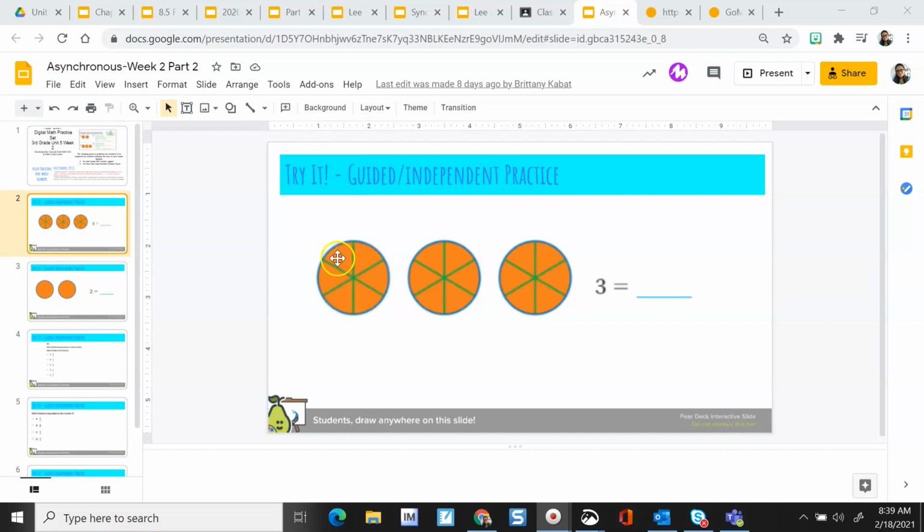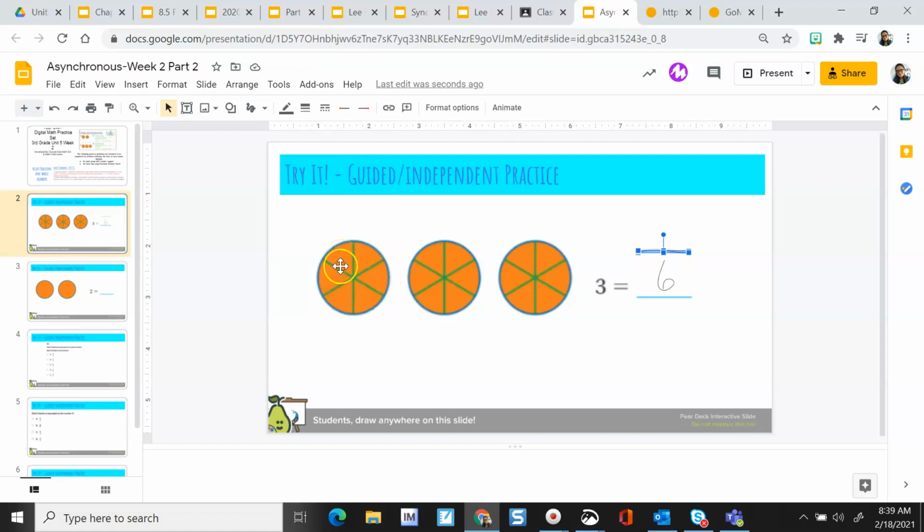So in this case, it's 1, 2, 3, 4, 5, 6. And that would be your denominator, 6. So you would write 6 on the bottom. And then for the numerator, the number on top, you would count the total that's shaded.